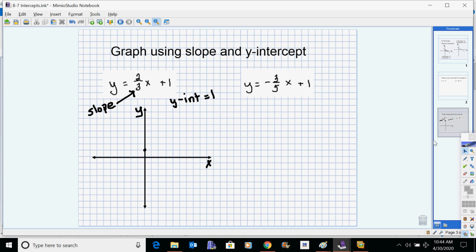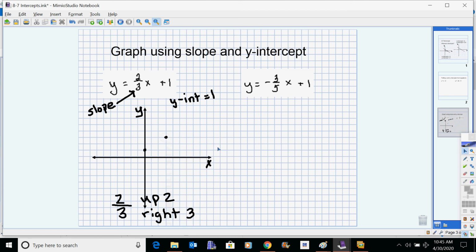Since my rise over run is 2/3, 2 tells me to go up 2, 3 tells me to go right 3. So to find other points, I start at my y-intercept and I go up 2, right 3.